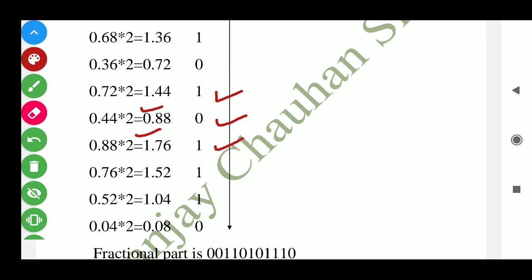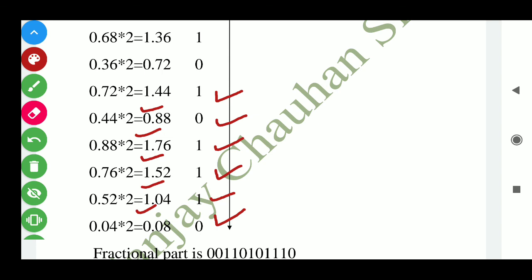0.76 into 2 is 1.52, and the integral part is 1, so write there 1. And 0.52 into 2 is equal to 1.04, so the integral part is 1, write there 1. And 0.04 into 2 is equal to 0.08, so the integral part is 0, write there 0.